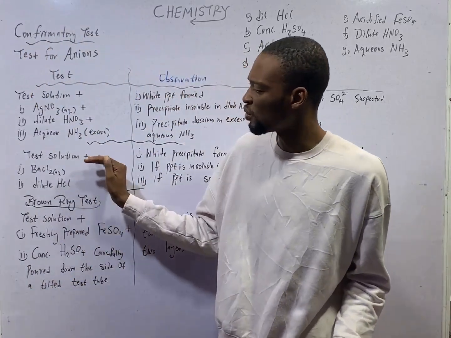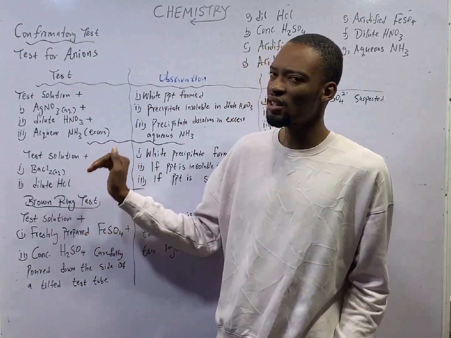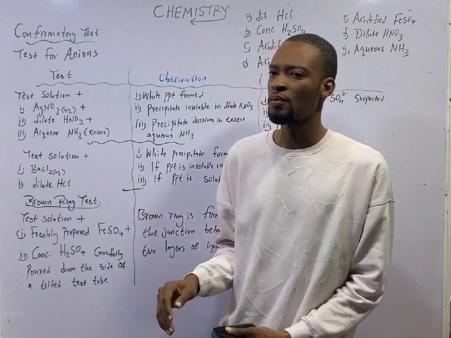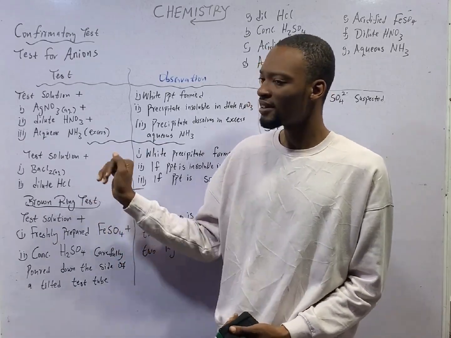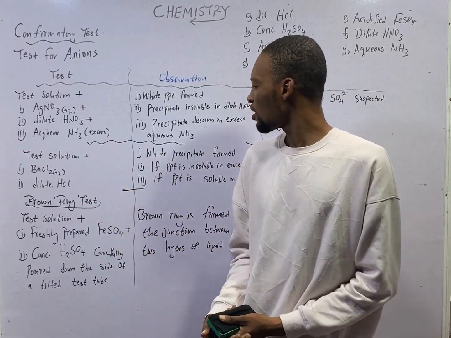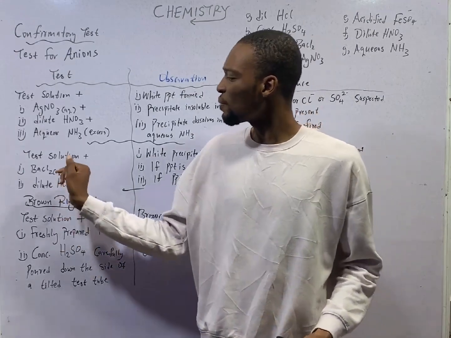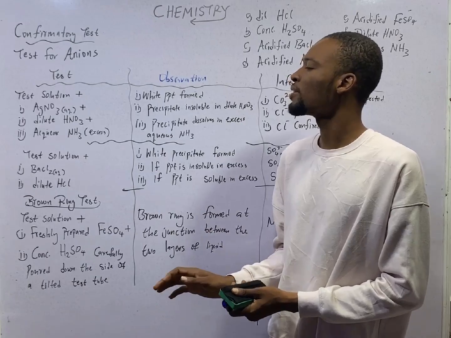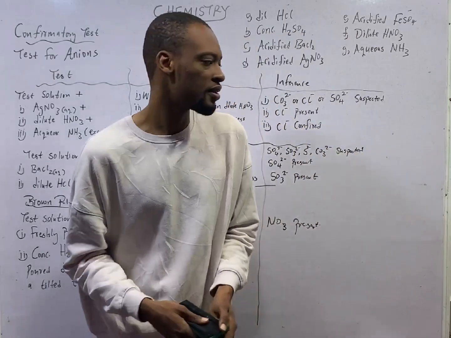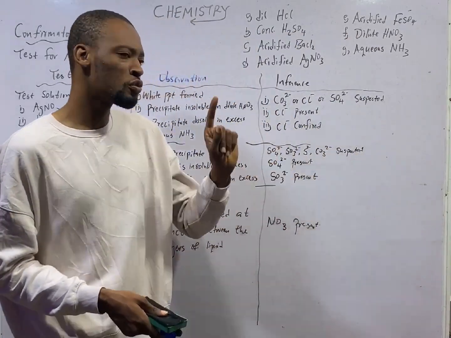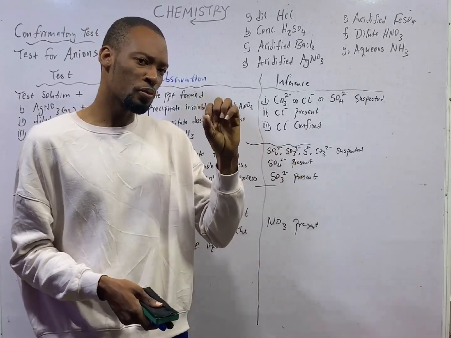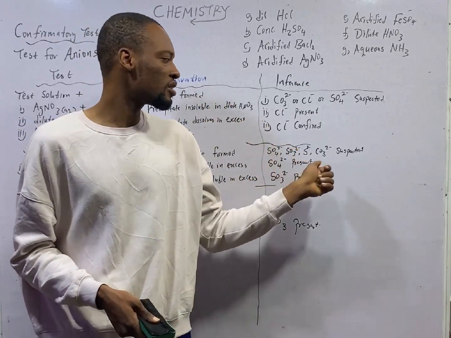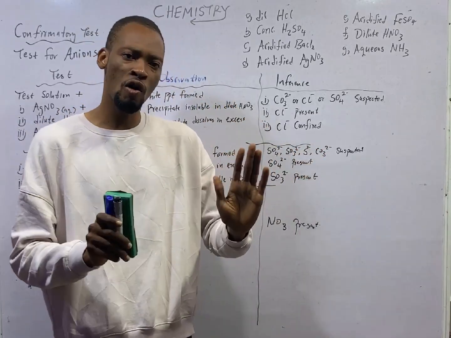Now, if you have a solution, you add aqueous barium chloride, and then you add dilute HCl. If at the point of adding barium chloride to a solution, a white precipitate is formed, the following are the inferences. SO4 2-, SO3 2-, S2-, CO3 2- are all suspected.